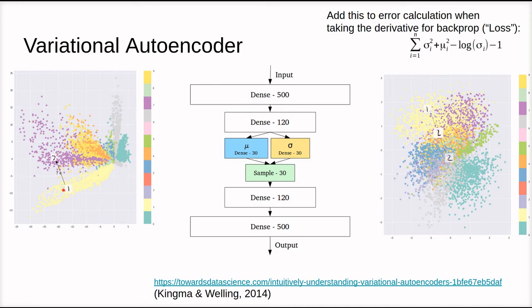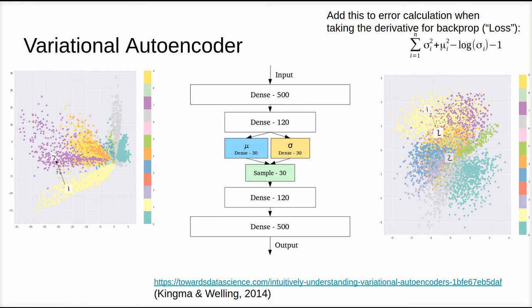If we pick a point in the 1 cluster and move in a line towards the 7 cluster, and pick another point over here in the 7s, we'll get something out that looks like a 7. But if we pick something here in the middle where there isn't a lot of representation, then we can't be sure what we'll get, and we may not get anything reasonable out. That can be a problem if we're encountering new data that we haven't seen before.